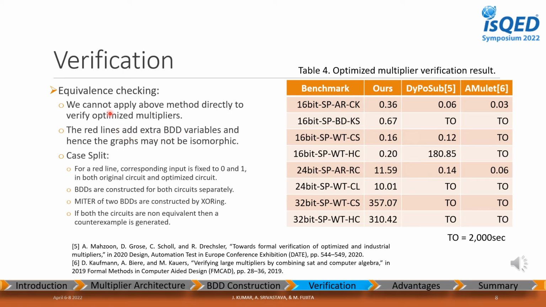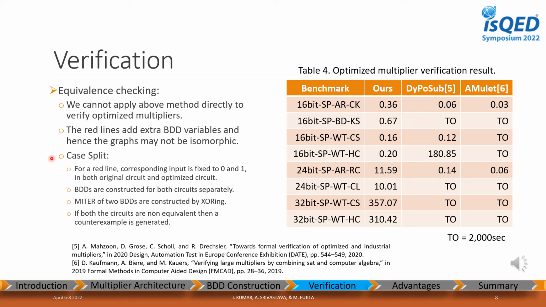Here we cannot directly apply the additional variable method to construct BDDs of optimized multiplier circuits because the extra lines can change the functionality of adder trees. However, these lines do not alter the overall functionality. Since we are constructing the BDDs only for the adder trees phase, the BDDs for two equivalent circuits may differ due to these parallel lines.